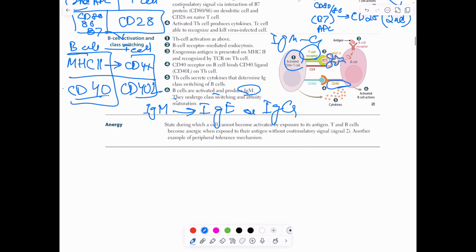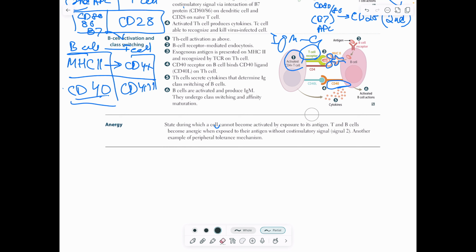And now our new topic, which was just added in Step 1 2025: anergy. Anergy refers to a state of immune unresponsiveness, specifically a lack of response from T and B lymphocytes to an antigen, even when the antigen is presented correctly.